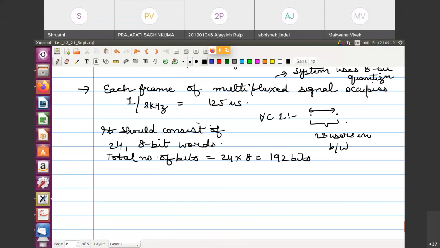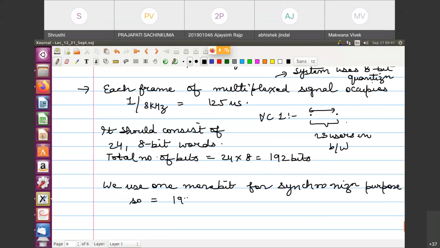सो समझ लीजिए 125 माइक्रोसेकंड में 192 बिट्स ट्रांसफर करते हैं। ठीक है, अब इसके अंदर हम सिंक्रोनाइजेशन के लिए एक बिट और ऐड करेंगे। सो वी यूज वन मोर बिट for synchronization purpose. So total number of bits is 192 plus 1, which is 193 bits.